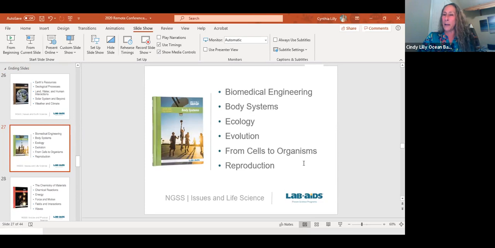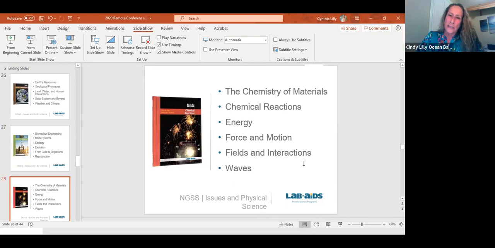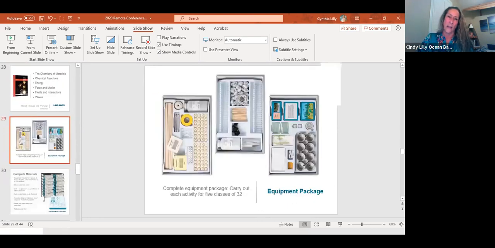So biomedical engineering, body science, we just finished ecology, evolution, cells to organism, and reproduction. And then we have our chemistry units for middle school: chemistry of materials, chemical reactions, energy, force and motion, fields and interactions, and waves.